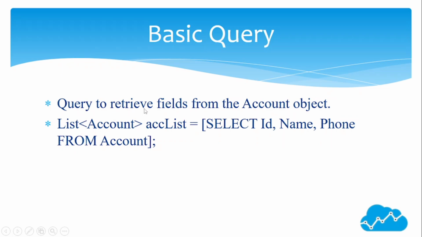For retrieving the fields from the account object, we have to write the query: List<Account> accList = [select id, name, phone from account]. Here we are going to provide the field names. They can increase, they can decrease, and after from we provide the object name, that may be standard or custom.